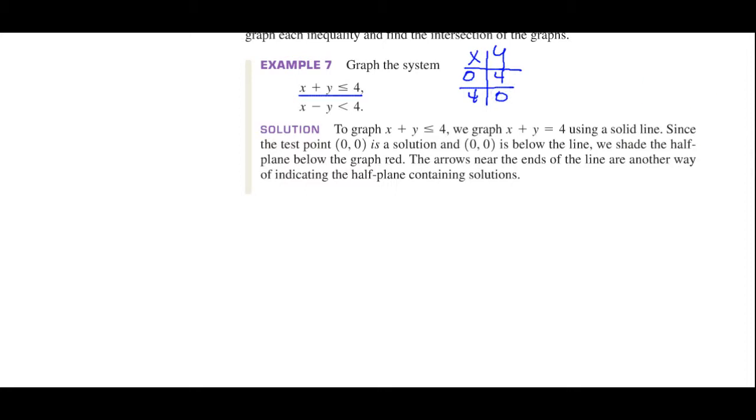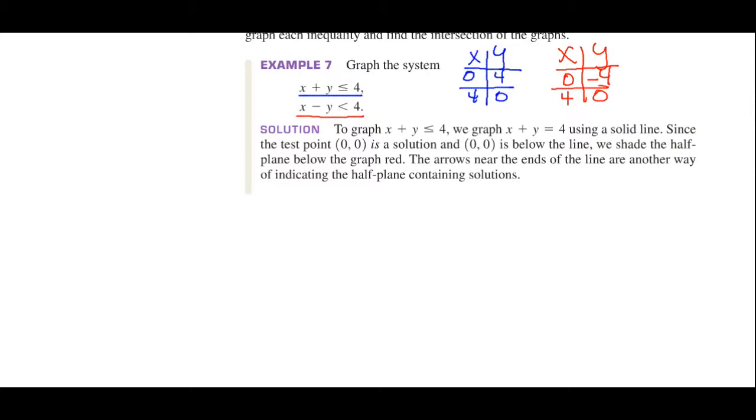And the other one we'll make red. So here, if x is 0, y will be -4. Now notice we might have to switch that around, but we don't have to worry about that because we're thinking of it as equal right now. And if y is 0, this is 4.